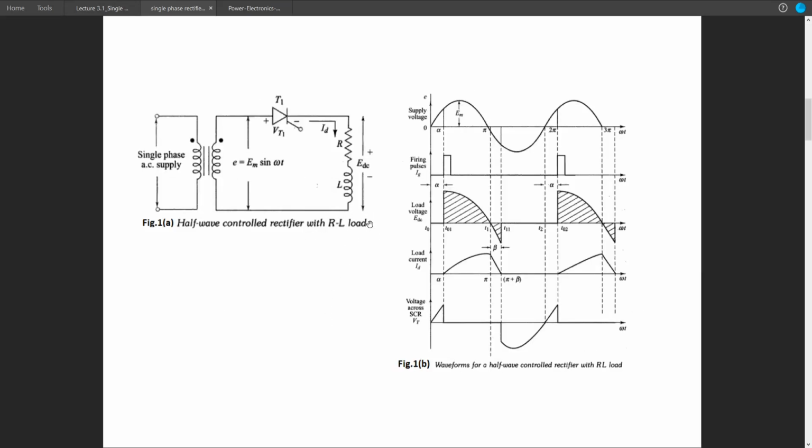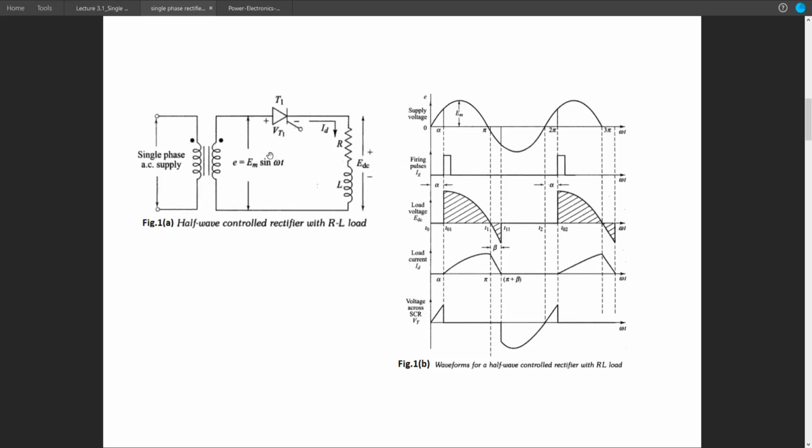In case of an inductive load, the output current will lag the output voltage. So the wave shape of the output current will be something like this. This current will become 0 after the output voltage becomes 0. So the thyristor will be turned on during this period.